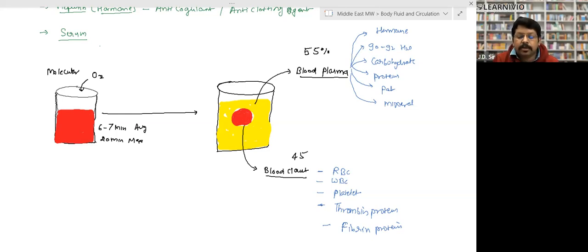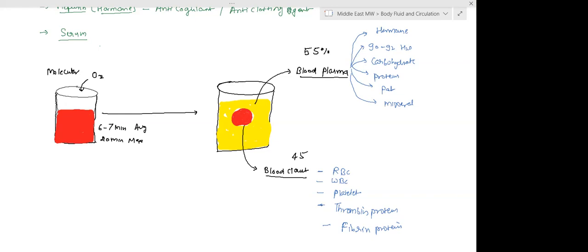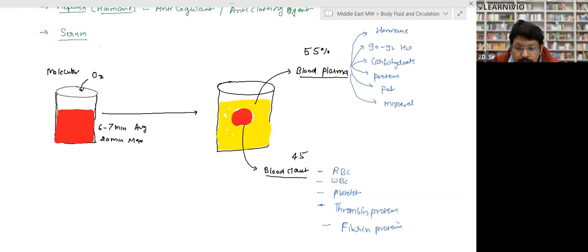Then we'll start studying from the RBC onward. So what's after platelets? Sorry, after protein, there is thrombin protein, thrombin and fibrin or fibrinogen protein.